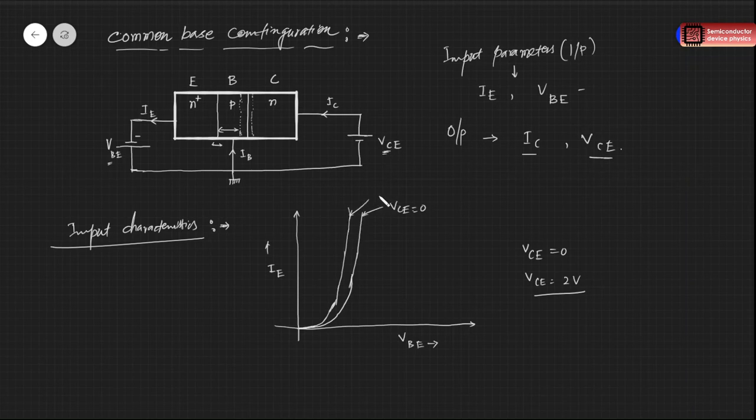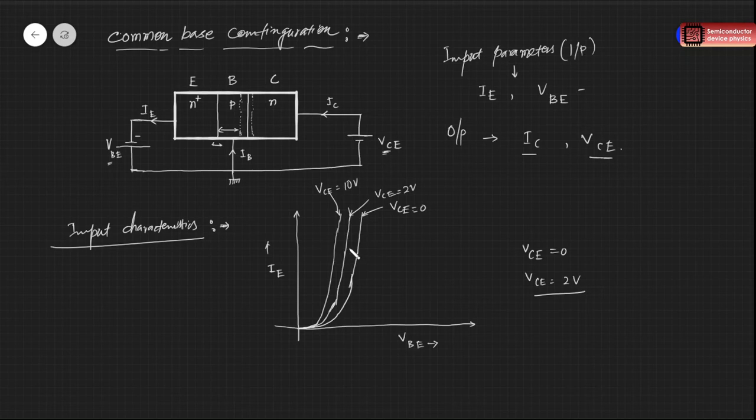So let's say this is our VCE equal to 2 volts, and then if you increase VCE further, say 10 volts or so, this curve will become even steeper. The knee voltage won't change. So this may be VCE equal to 10 volts or so.